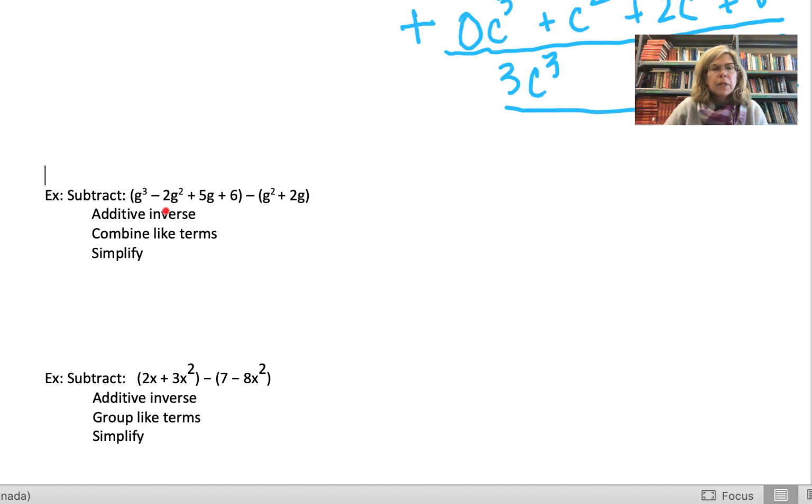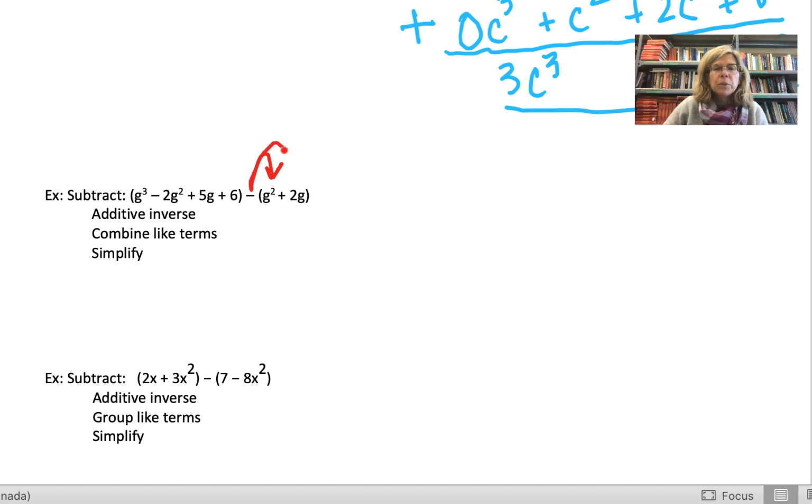Subtract g cubed minus 2g squared plus 5g plus 6 minus g squared plus 2g. Well, you know what? There's this thing called the additive inverse, and I really like to use it because it says you can just swap the signs of these.